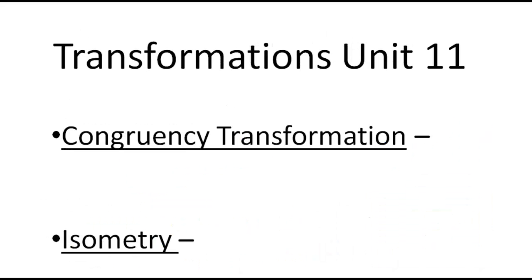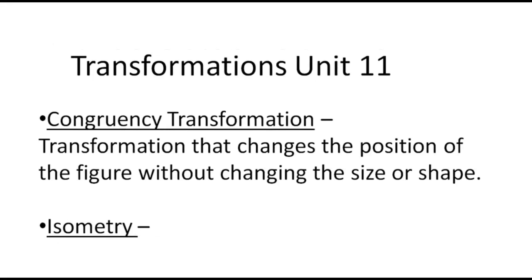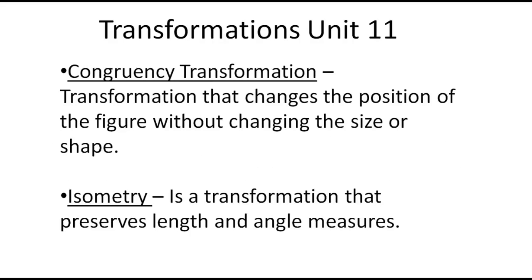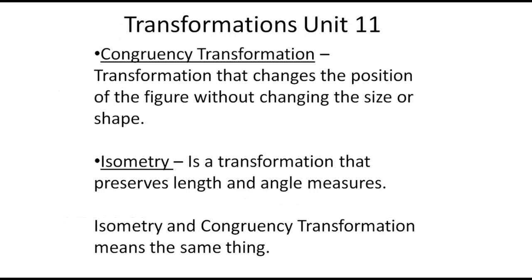Now, in transformations, we're going to learn about 2 things. A congruency transformation, which is a transformation that changes the position of the figure without changing the size or the shape. And an isometry, which is a transformation that preserves length and angle measures. So notice isometry and congruency transformation mean the same thing.